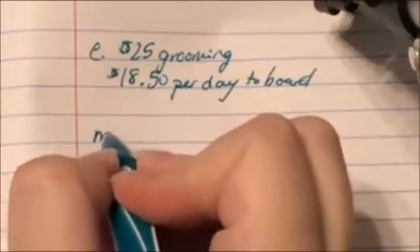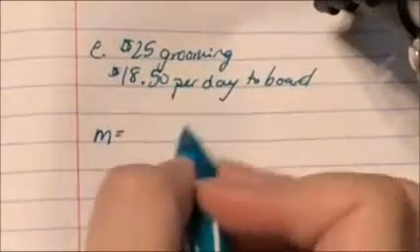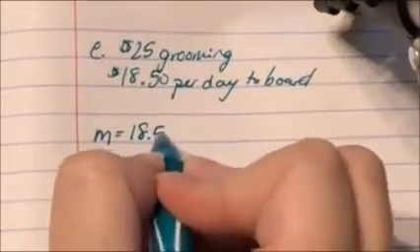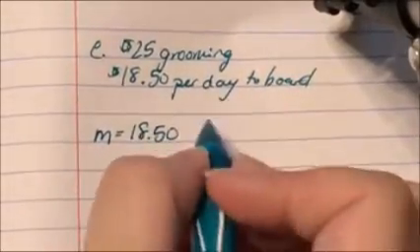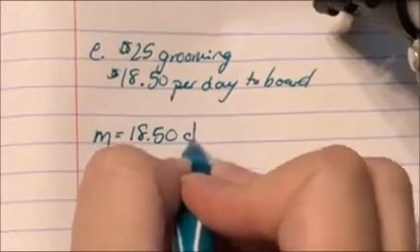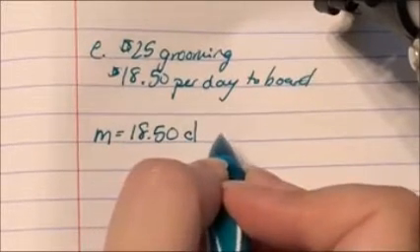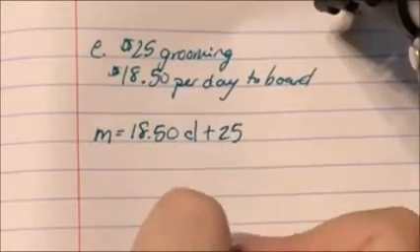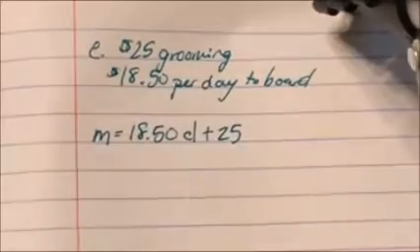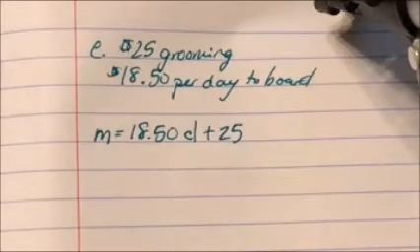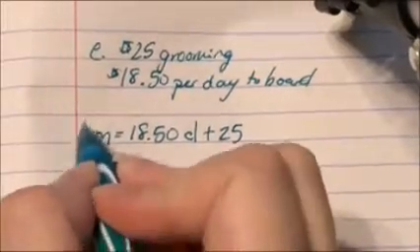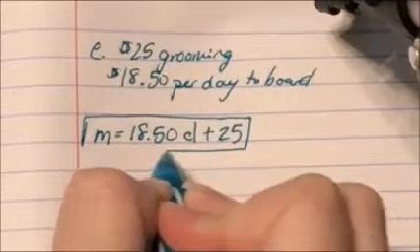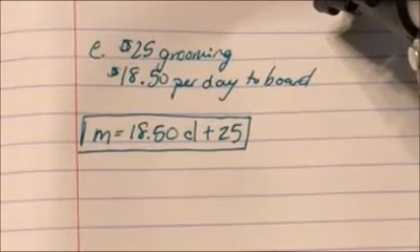So M is the money he earned. He boarded the dog, so that's my constant rate of change for any days, D, plus the $25 grooming. Okay, so that's my equation. So that's for letter E. M equals 18.50D plus 25.